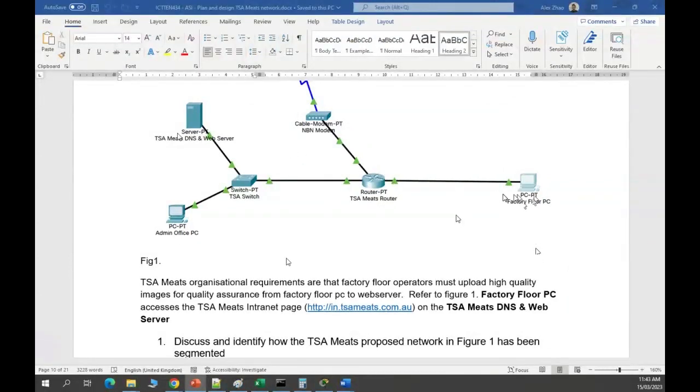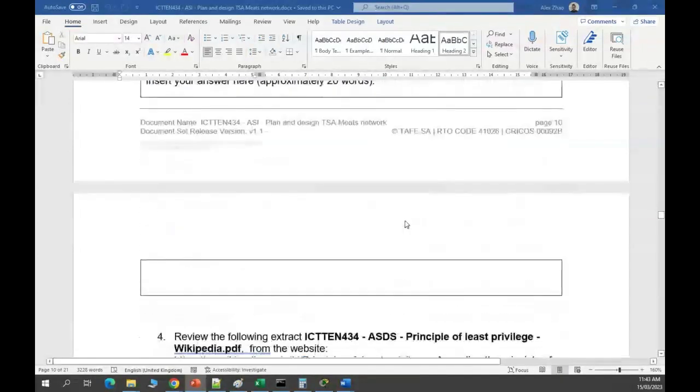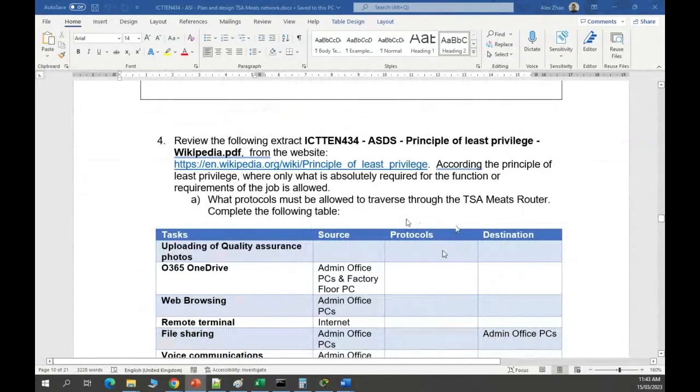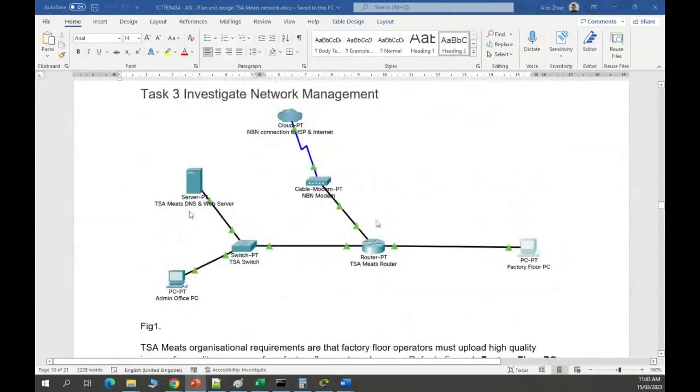So if this is the source, this is the destination. If we look at the protocols, we're not sure, but it's DNS and web server, isn't it? So that should give us some clues about the protocol. Okay, DNS is one protocol. Can you upload files with DNS? Guys, can you upload files with DNS? What did we say DNS was in the first lesson?